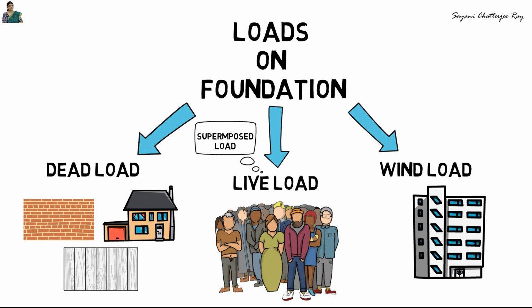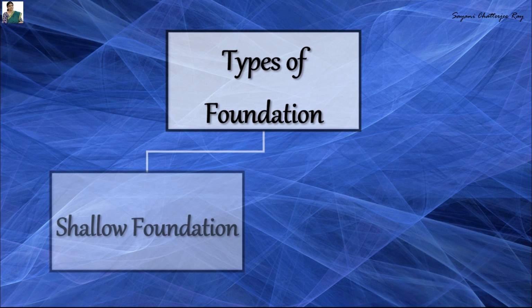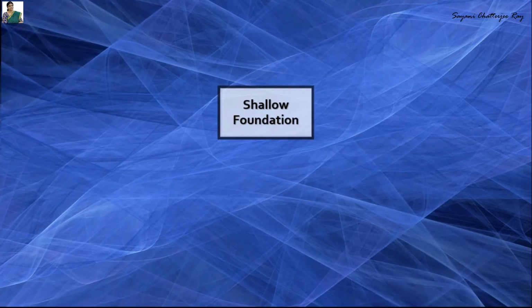On the basis of the nature and the depth, the foundation is generally categorized into two parts. First is shallow foundation and the next one is the deep foundation. In this video, we will learn in detail about the shallow foundation, and in our next video, we will learn about the deep foundation in detail. So first of all, we will see what are the different types of shallow foundation.